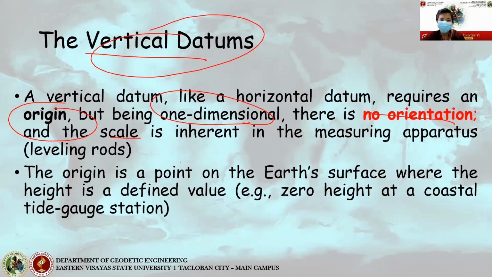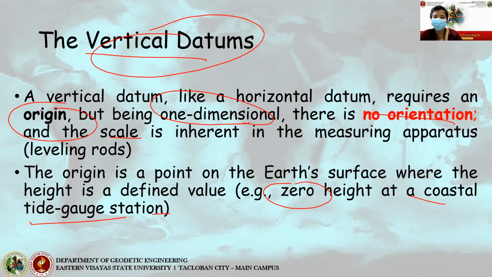The origin of a point on the Earth's surface where the height is defined as zero height is at the coastal tide gauge station. The measurement of height is in reference to the zero height. So where can we find the zero height? It is in the coastal area where the elevation is 0.